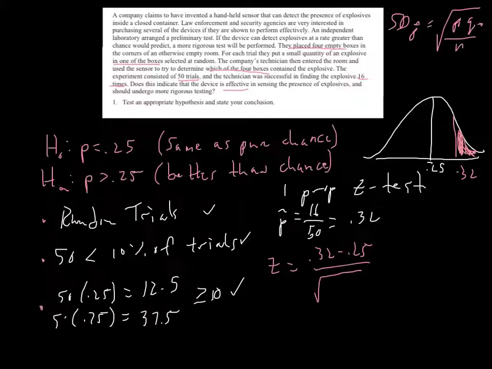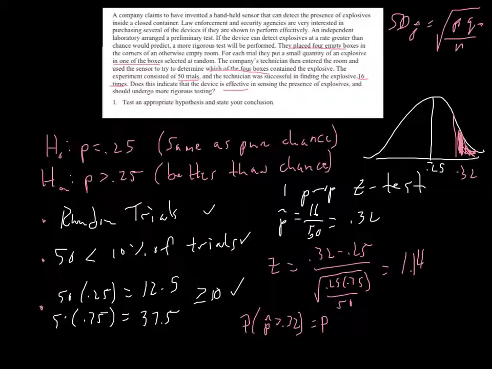So that's going to be 0.25 times 0.75 all over 50. And for a z-stat, we're going to get approximately 1.14. And so what we're looking for is the probability of p hat being greater than 0.32, which is the same as the probability of z being greater than 1.14.